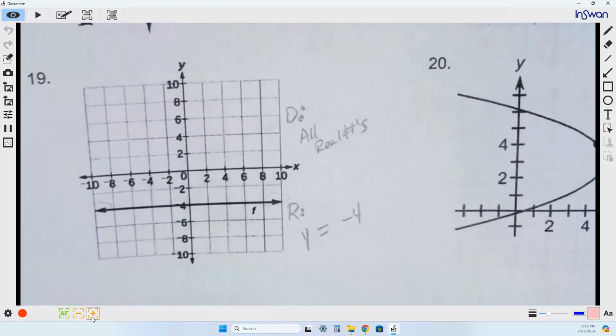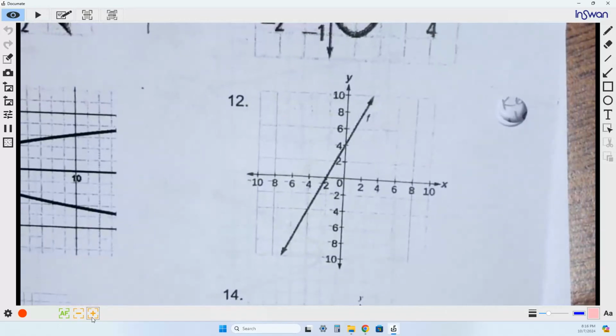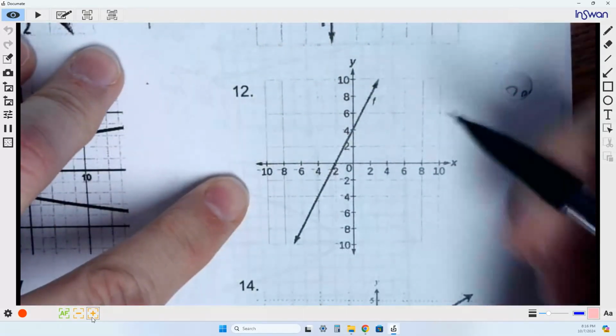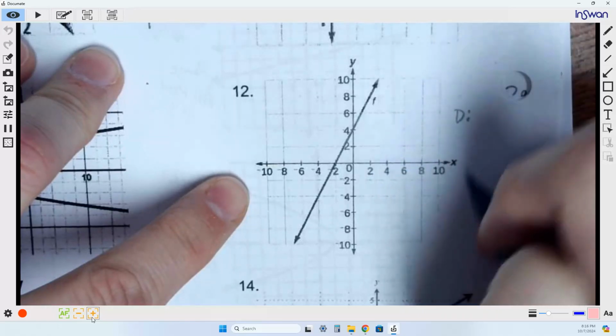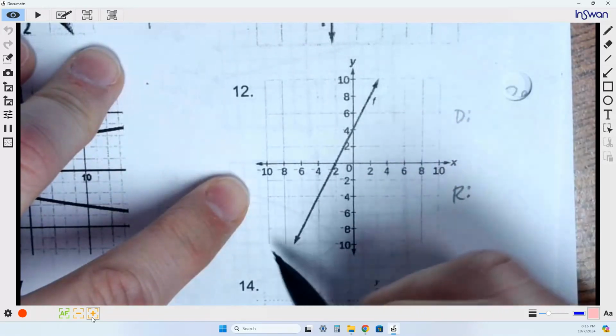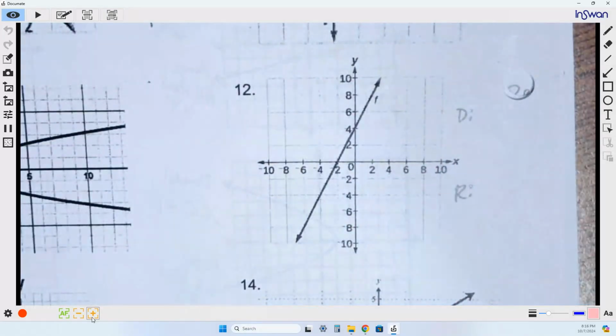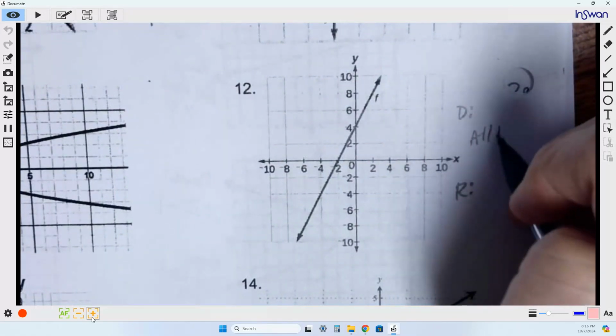Okay? So one of the things to be aware of, like number 12, we had one like this earlier. I have a line. Look at your domain. Look at your range. We're going to look left to right. This is going to go forever to the left, and this one's going to go forever to the right. So this would be all real numbers.